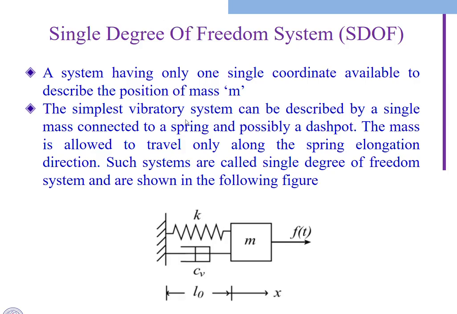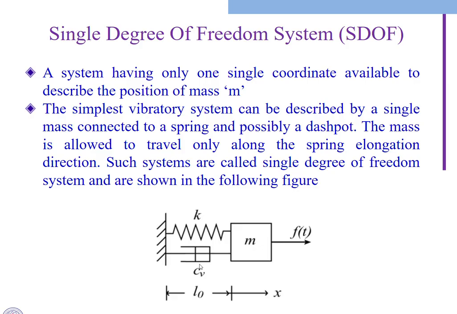The simplest vibratory system can be described by a single mass connected to a spring and possibly a dashpot. The mass is allowed to travel only along the spring elongation direction. Such systems are called single degree of freedom systems and are shown in the following figure. In this figure, the mass has been connected with two elements: one is the spring, another one is the dashpot.